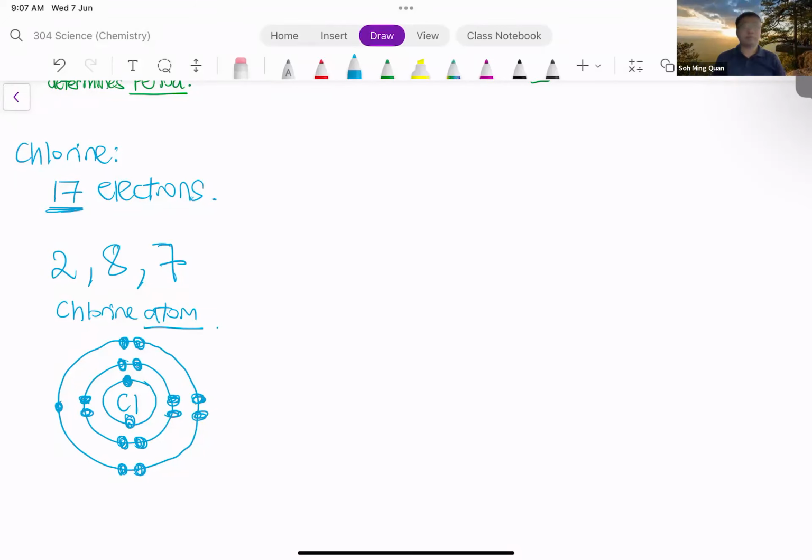Now, obviously, you're going to ask yourself, is it stable? It's stable if the outer shell is fully filled. So we have to consider the outer shell always. In this case, it's the third shell where the 7 valence electrons are.